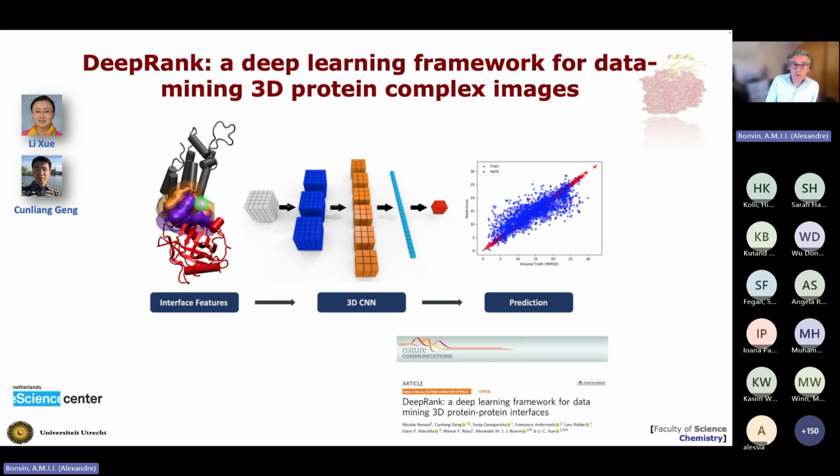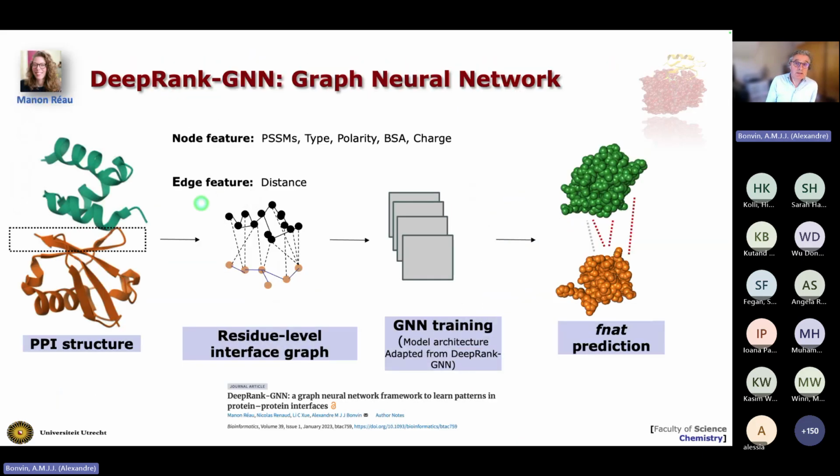So we moved from a 3D to a 2D representation as a graph neural network, where we represent the interface as nodes connected by edges if they are close by, and we distinguish the intramolecular contacts from the intermolecular contacts. So we train a network to do this classification. This gave rise to DeepRank-GNN, from graph neural network, which was trained basically to predict the quality of the complex.